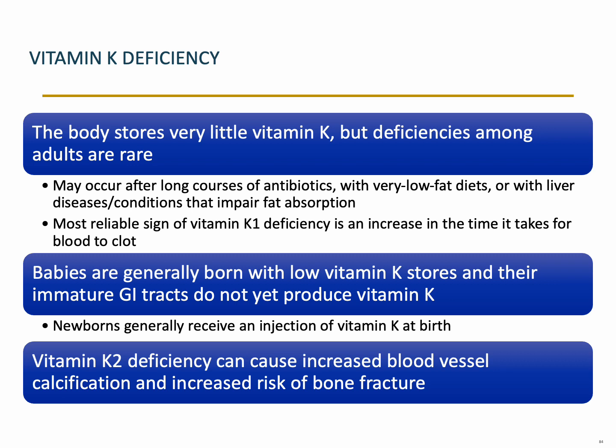If you think of why antibiotics are connected, it's because we're wiping out the good bacteria in the large intestine, where healthy bacteria will normally produce a fair amount of vitamin K. And then also, infants, newborns, are often given a supplemental dose of vitamin K at birth because their digestive tracts haven't developed enough yet to produce vitamin K.